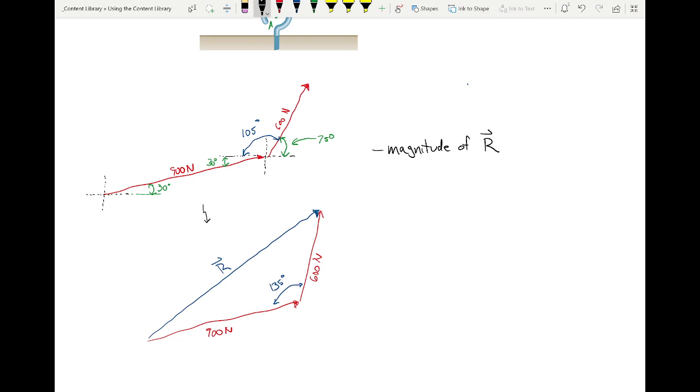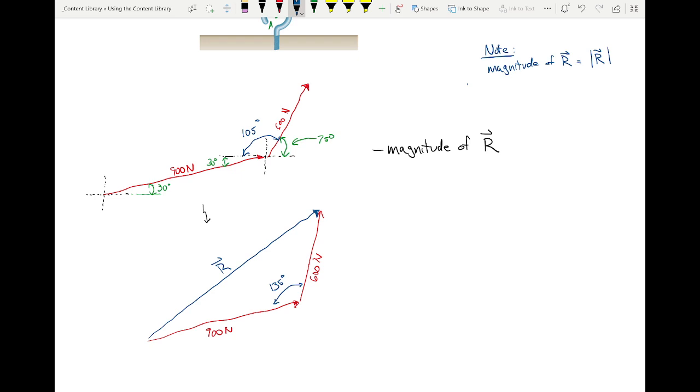Okay. Now, just so you're aware, this is something that you're going to start to see me do here and there throughout the course, is some notation. I'm going to put this notation up here. The magnitude of some vector R is sometimes expressed like this.